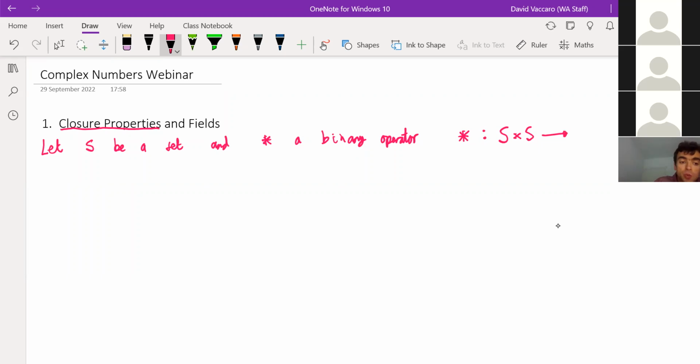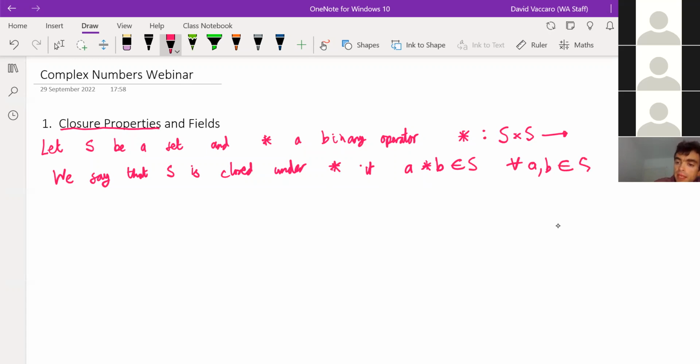And what we say is that S is closed under star if A star B is a member of S for all A and B in S.